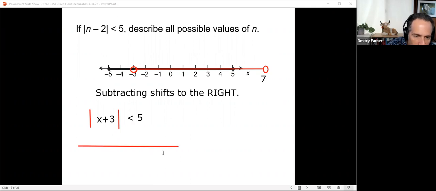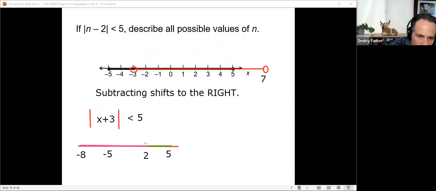So if normally I'd have 5 and -5, I'm going to want to shift 3 to the left. So I'll be over here at -8 and over here at 2. So if the normal range of just A is less than 5 would be here, what we're going to want is -8 to 2. We're going to want that range.